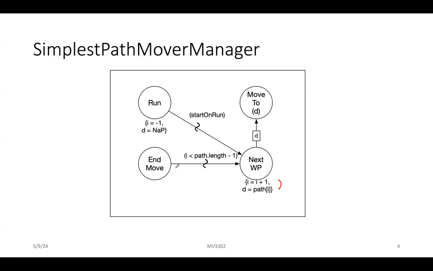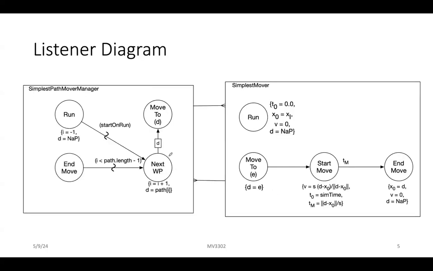It's easier to look at this from the listener diagram. That move to is going to get heard by the move to on a mover that it's been configured to be listening to.